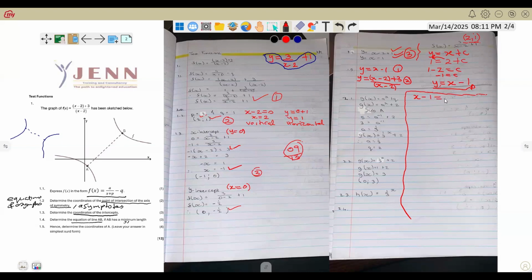So we go straight to x minus 1 equal to... here you can simplify x minus 2 plus 3. What do you get? That numerator from equation 2, x minus 2 plus 3. We can remove the brackets, then simplify minus 2 plus 3.